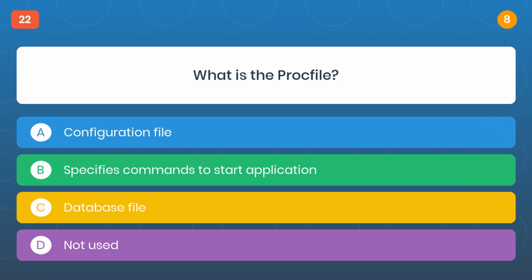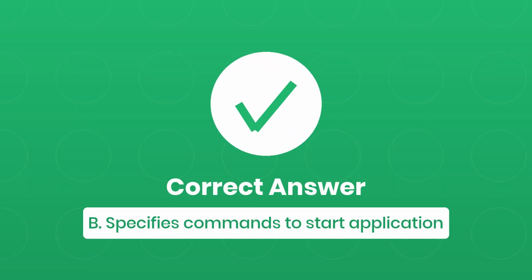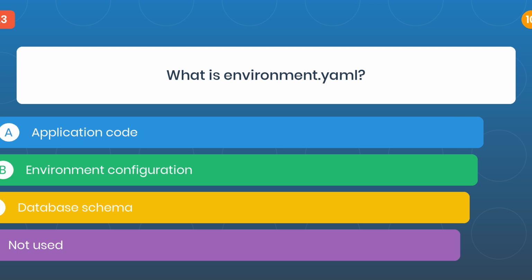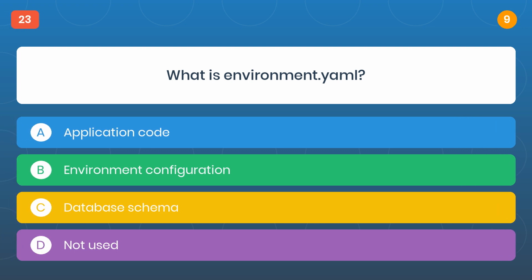Question 22. What is the Procfile? The correct answer is B, specifies commands to start application. Question 23. What is environment.yaml?